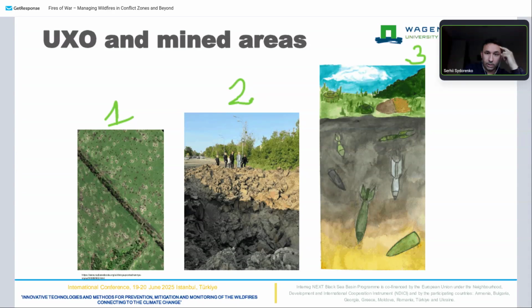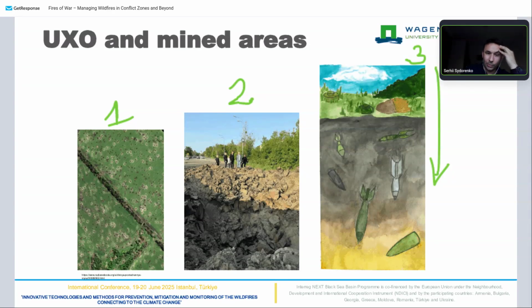And another important thing is the depth of pollution. This drawing was prepared by my daughter, but she caught the main idea, because sometimes she also participates in the background when I have an online talk.